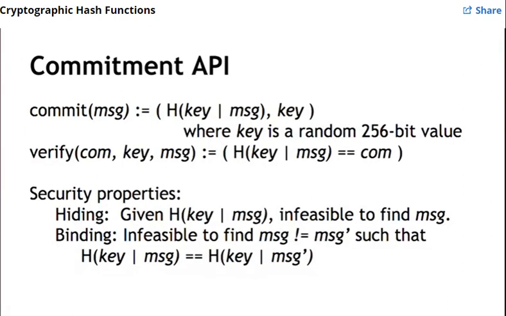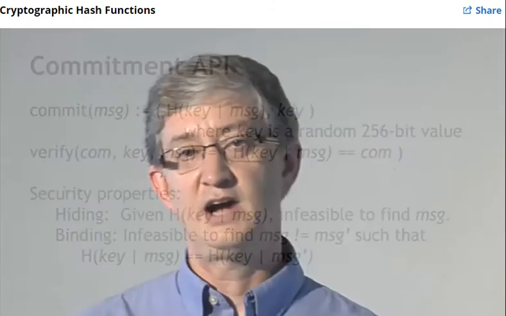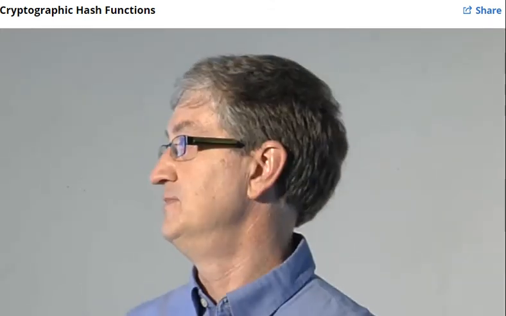So if someone can find two messages which have the same hash like this, well, then they have an input value here and an input value there that are different, and yet those have the same hash. And so because of the two security properties we've talked about for hashes so far, this commitment scheme will work in the sense that it will have the necessary security properties. Okay, so that's the second security property of hashes, that they're hiding, and the application of that is commitments.